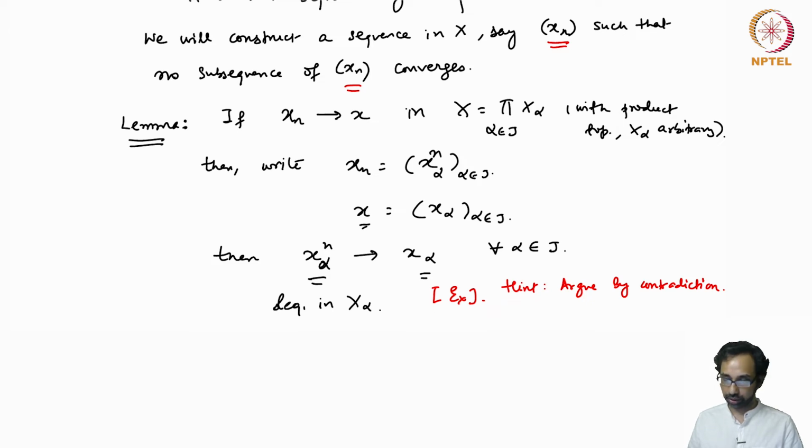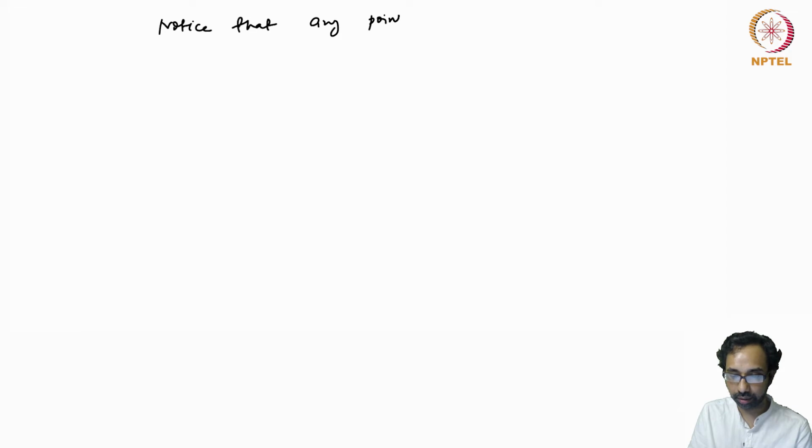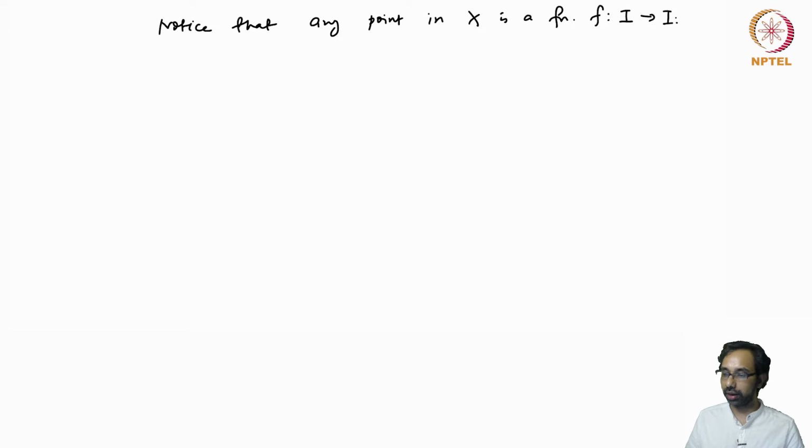So what is this sequence x_n? To construct x_n, note that any point in X is a function f from the unit interval to the unit interval. Here we do not care about the topology, because this is just an index set.